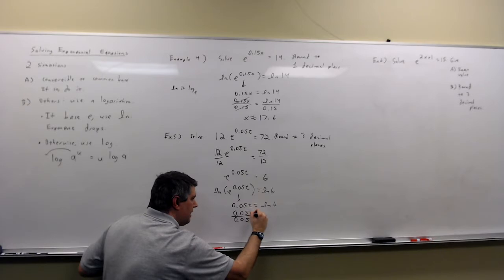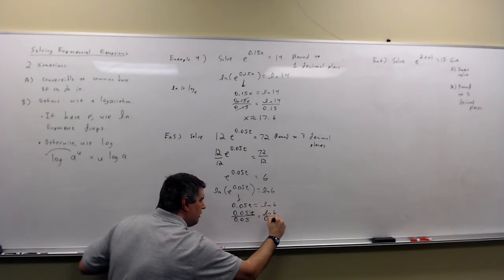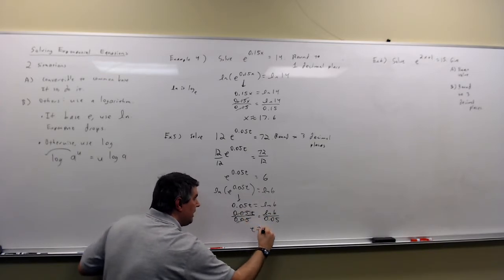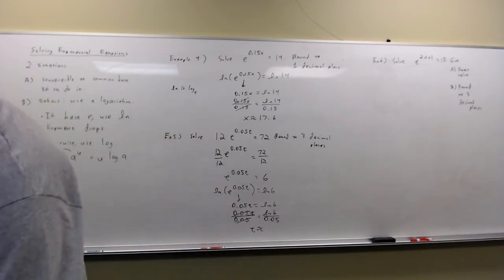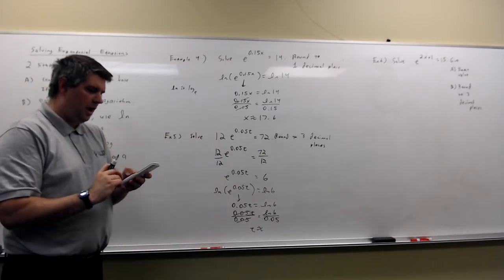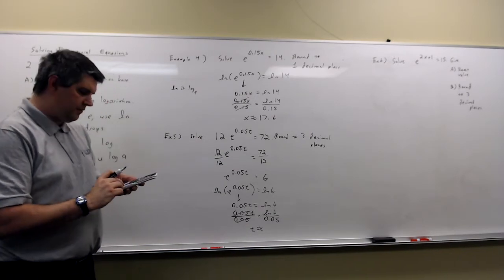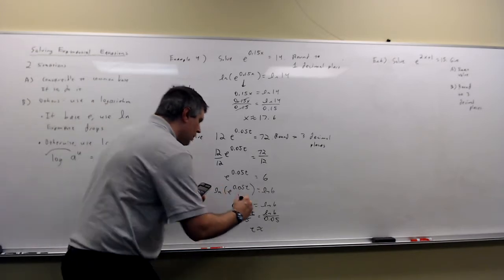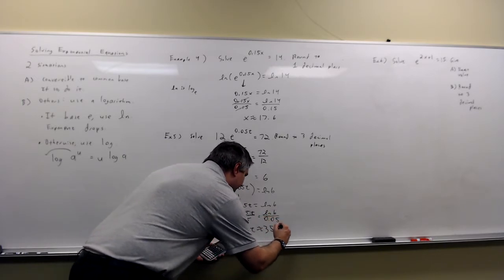Okay, I'll try to make that more legible. Natural log of 6 over 0.05. Cancel those, and t is approximately, because it says to round, I'll take the natural log of 6. I end up with 1.791759... divided by 0.05. I end up with approximately 35.835.